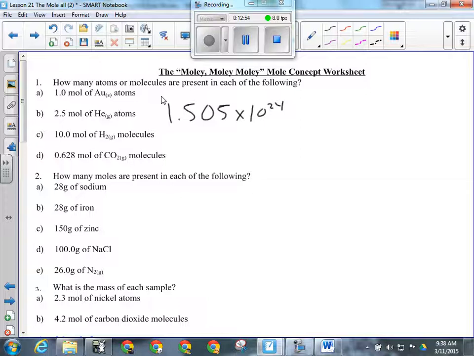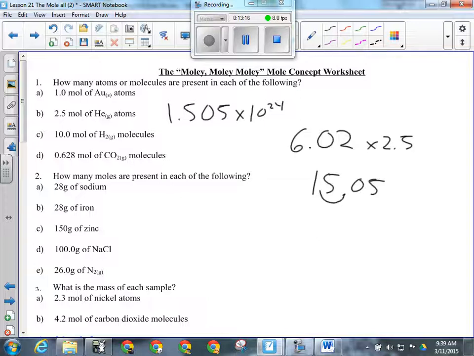Well, here's why. You're multiplying the base of Avogadro's number, which is 6.02, by 2.5. When you multiply this by 2.5, you get 15.05, which, if I want to put that in scientific notation, I have to make it a number between 1 and 9.9 for proper scientific notation.